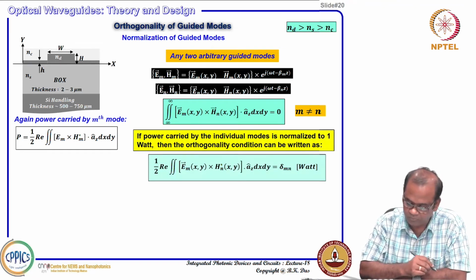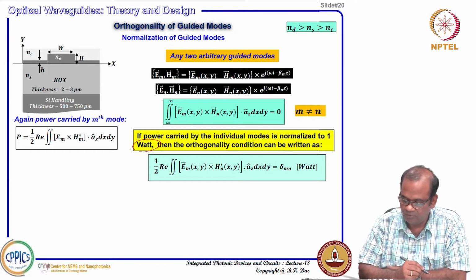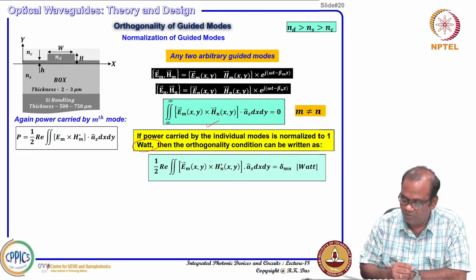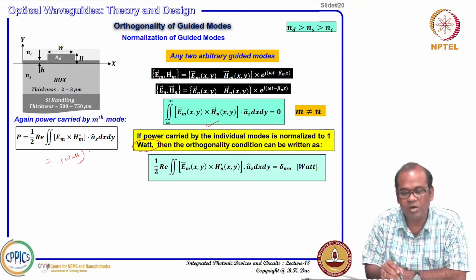Now move on. If the power carried by the individual mode is normalized to 1 watt, then the orthogonality condition can be written like this: half the integral of Em cross Hn star equals delta mn watt. If this is equal to 1 watt, we know that is the power carried by the mth mode.